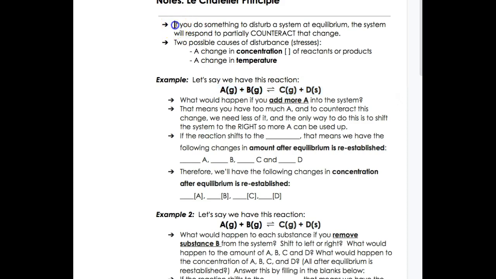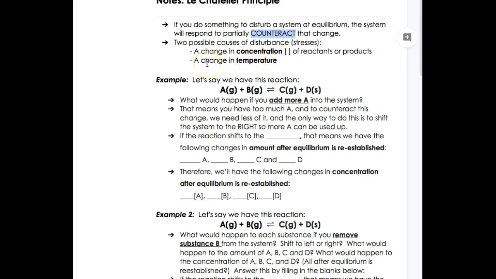So it says here, if you do something to disturb a system at equilibrium, the system will respond, and it's going to respond in a way that will partially counteract that change. So the key word here is counteract.